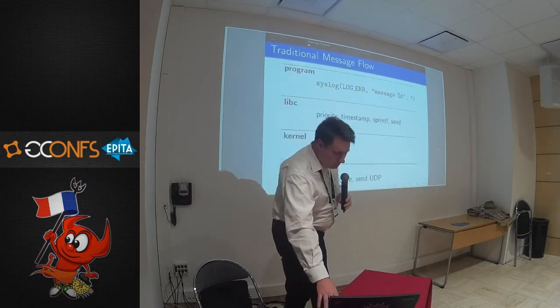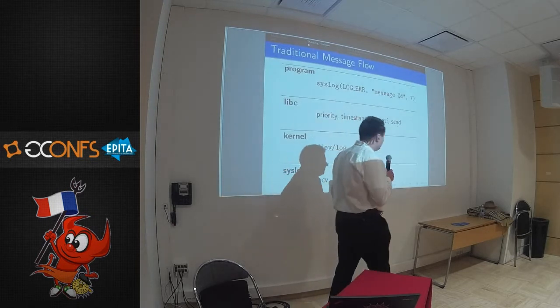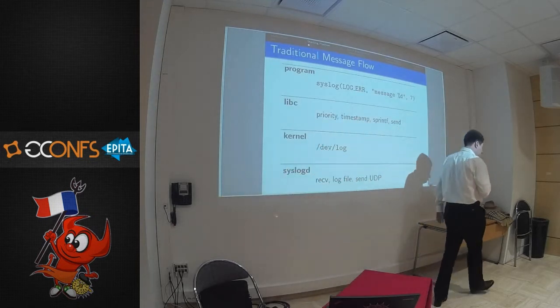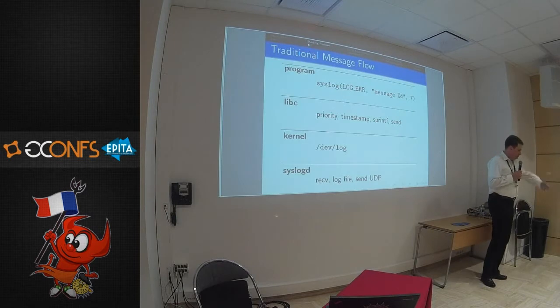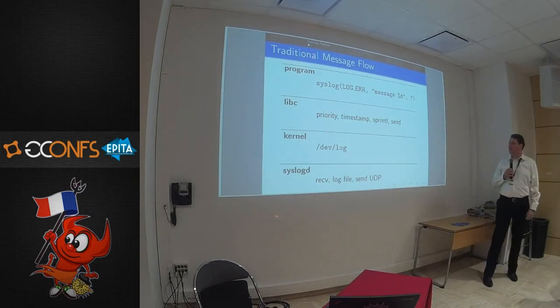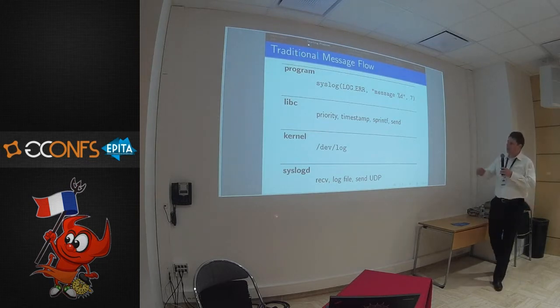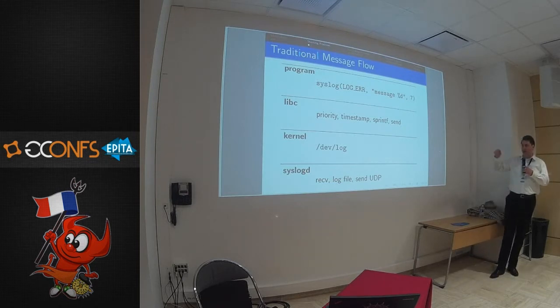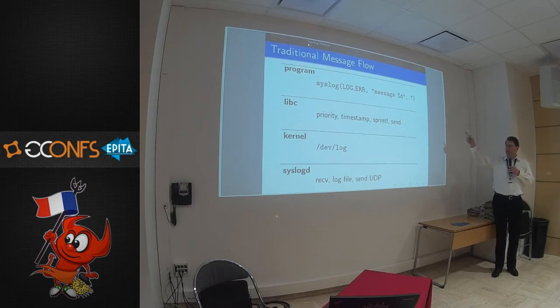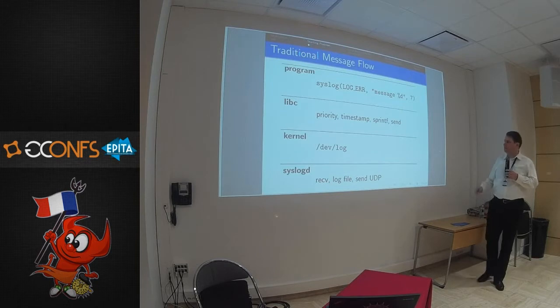Okay, where did we start from? So that's how syslog works when you are a C programmer. There's a libc function that's called syslog. You can say, okay, I have several severities here. We have an error message. You can do some printf style formatting.